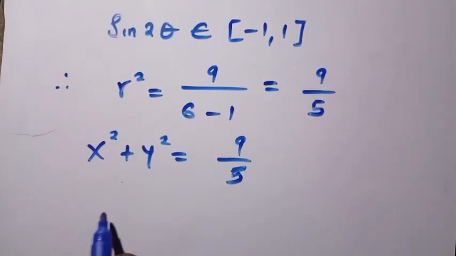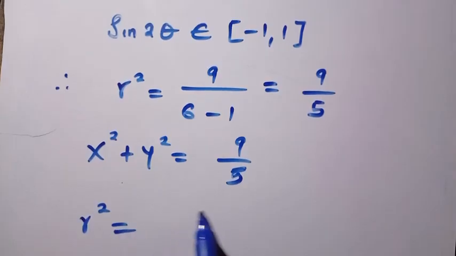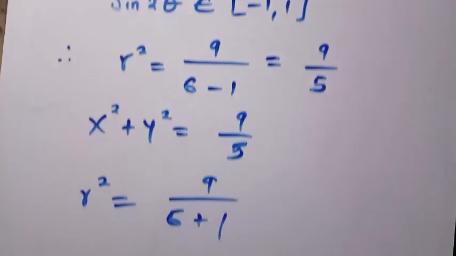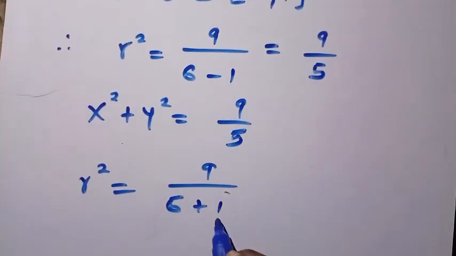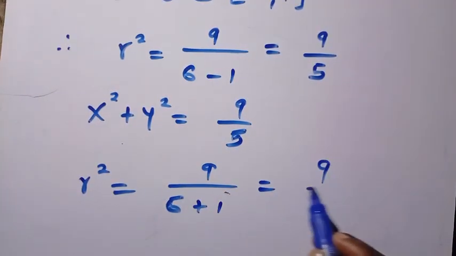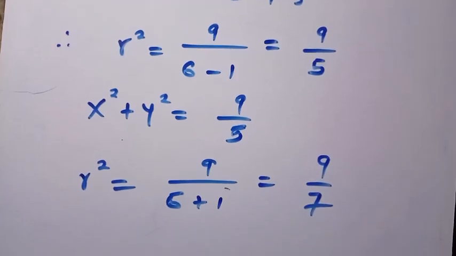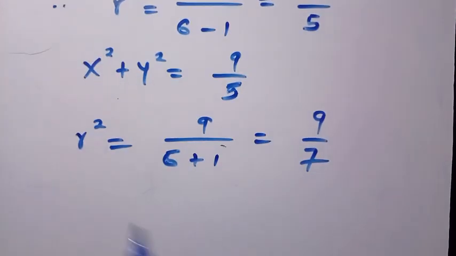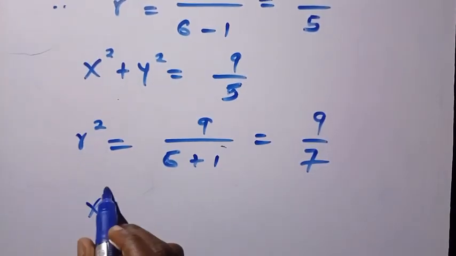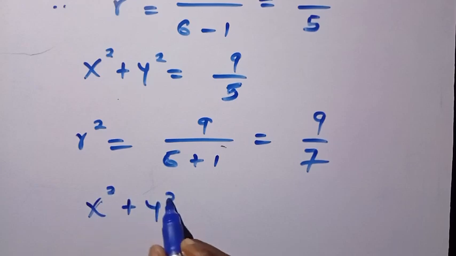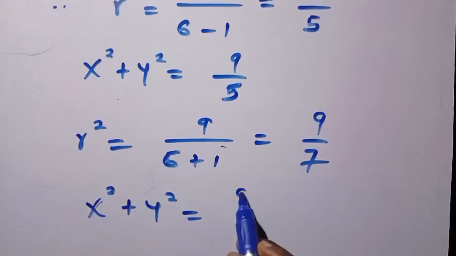Then r squared equals 9 divided by 6 plus 1, which gives us 9 divided by 7. So x squared plus y squared equals 9 divided by 7.